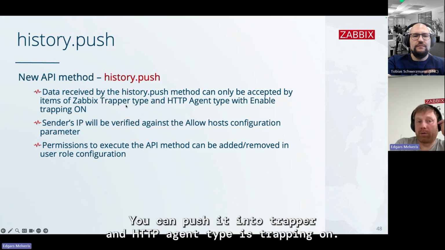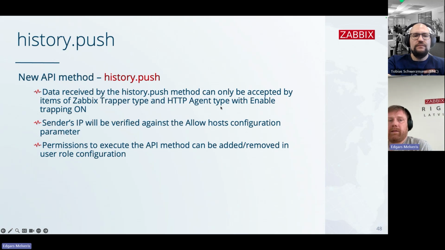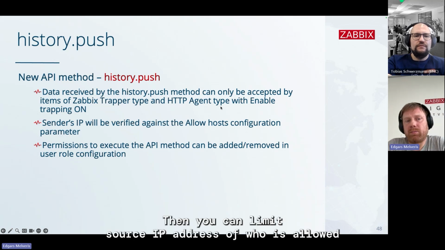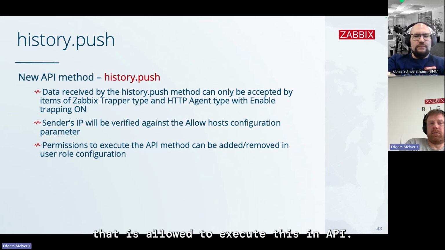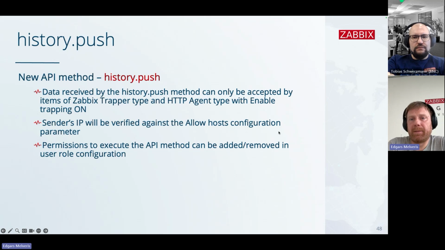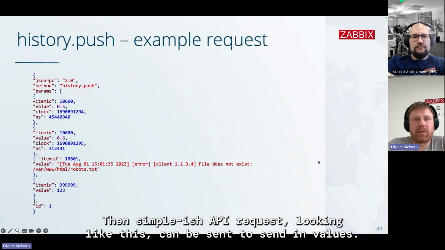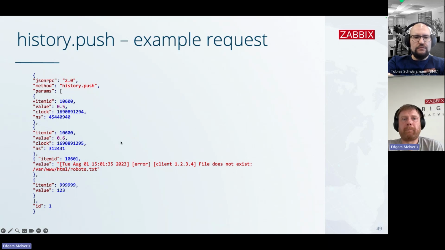You can push into Trapper and HTTP agent item types with trapping on. Then you can limit the source IP address of who is allowed to push data here, and you need a user that is allowed to execute this in the API. And then a simple API request looking like this can be sent to send in values.